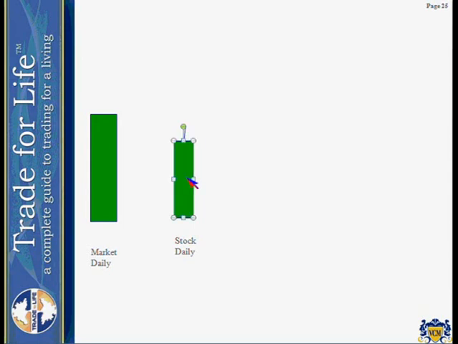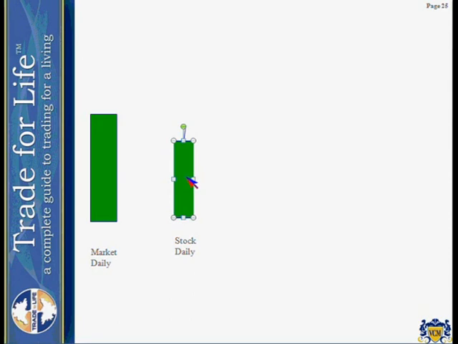Guys, let me tell you something. If you want consistency in this game, trade with the daily bar. That's where your consistency is going to come from. Listen, you can't produce a daily bar that looks like this by yourself, unless your name is Warren Buffett.